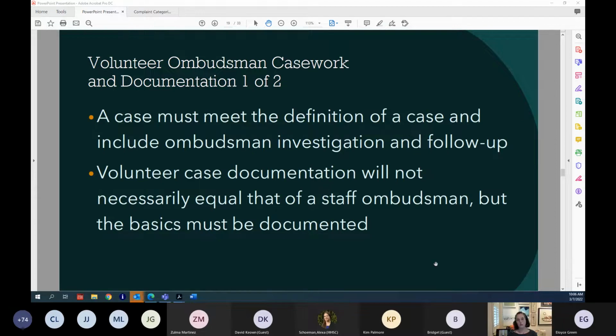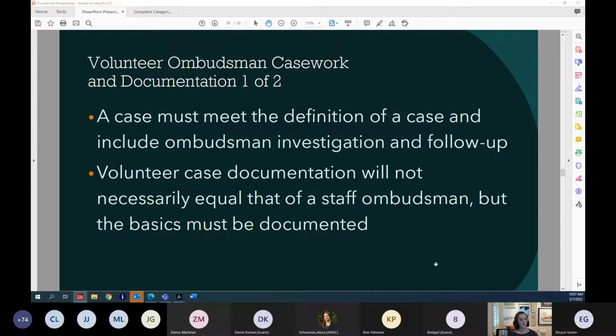We recognize that a volunteer's record keeping probably won't be as detailed as what a staff ombudsman may be documenting down the road. Sometimes it is, and we welcome that help and that good documentation from every volunteer.